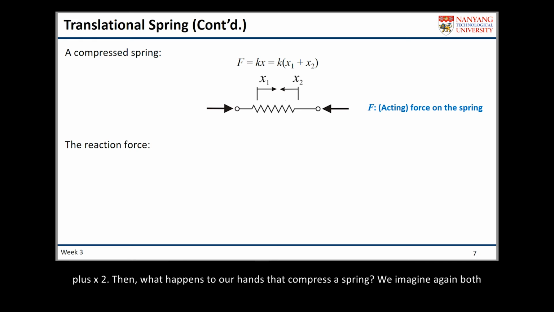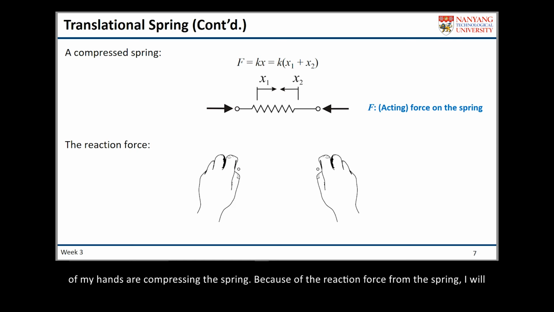And then what happened to our hand that compressed the spring? So imagine again, both of my hands are compressing the spring, because of the reaction force from the spring.